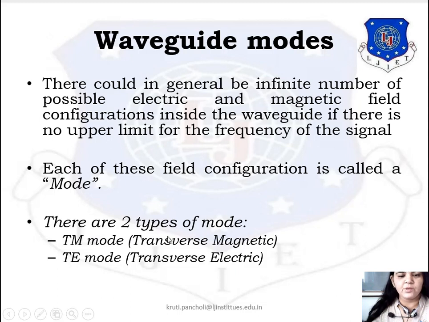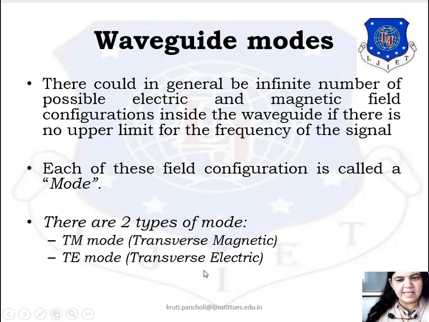There are mainly two types of modes, as I said earlier. TM mode, how do you remember? Transverse magnetic, then the magnetic field is absent. Transverse electric, then the electric field is absent.